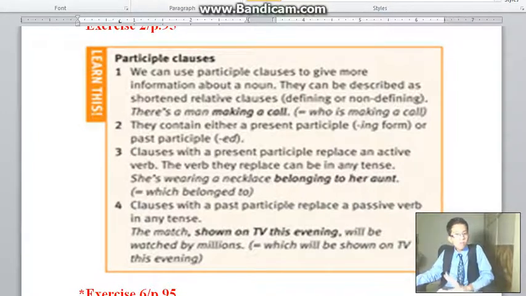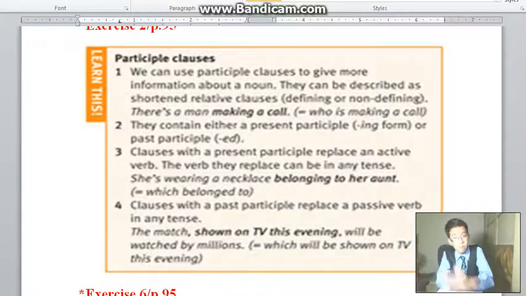So what is this about? The instruction they tell us in the third point of the learner's box. Clauses with a present participle. Present participle can replace an active verb. Alright?